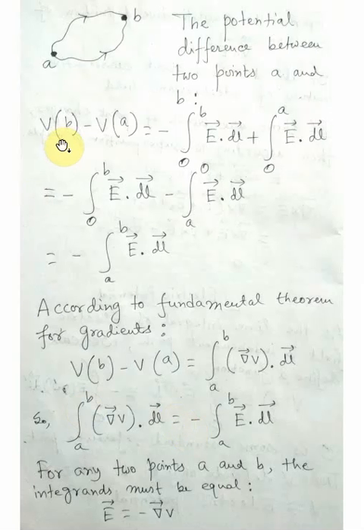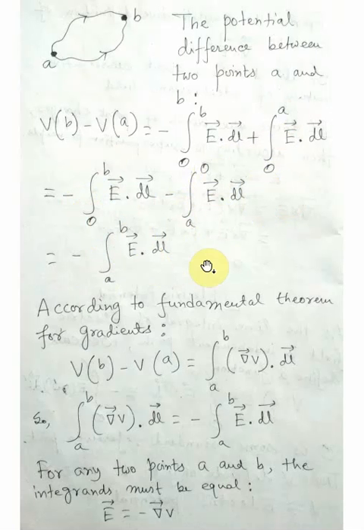So Vb minus Va, with O as the standard reference point, which can be any origin, is minus the integral from O to B of E dot dl, and minus times minus gives plus, the integral from O to A of E dot dl. So this is minus O to B of E dot dl minus A to O of E dot dl. Basically, from O to A we are considering A to O. So this becomes minus the integral from A to B of E dot dl.